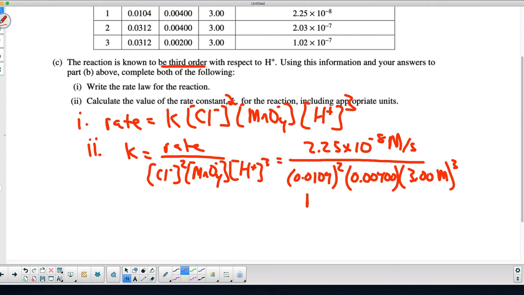So that means I have M squared times M cubed. Okay, what we can do is get rid of this and get rid of this.